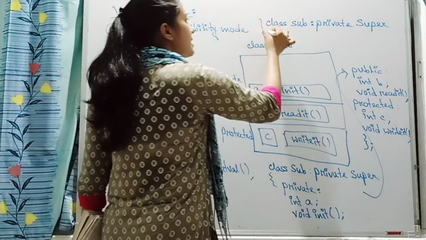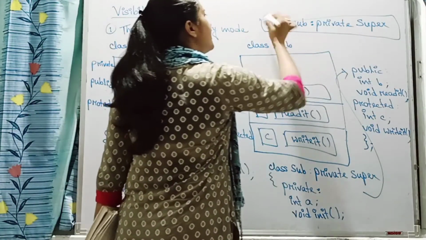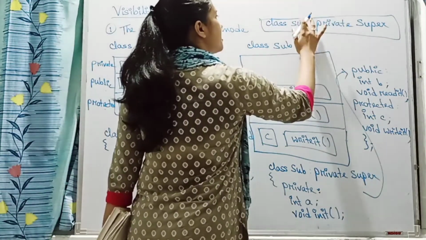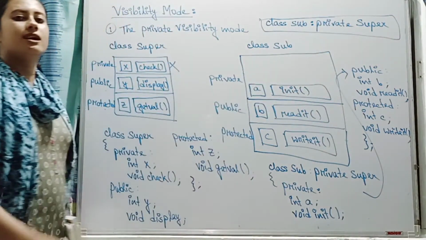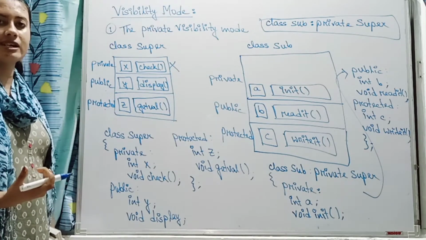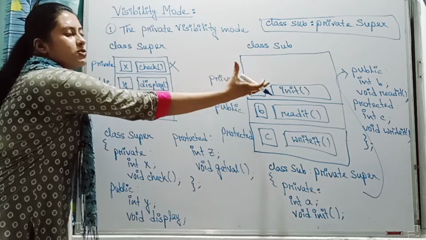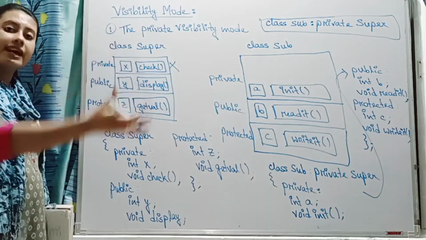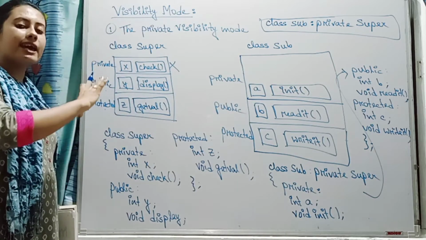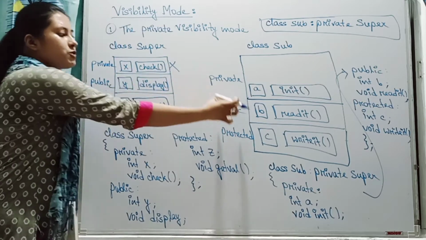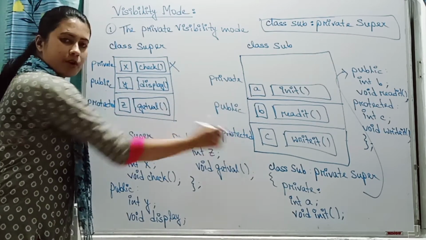Now you see class sub is inheriting the class super, but how? Privately. So when it inherits the class super privately, the members of class super will also come to class sub. But where will they come? In the earlier case, in the public derivation, the public member goes to the public section, and the protected member goes to the protected section.